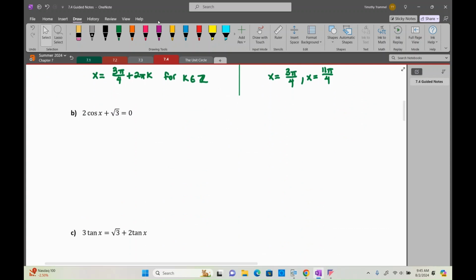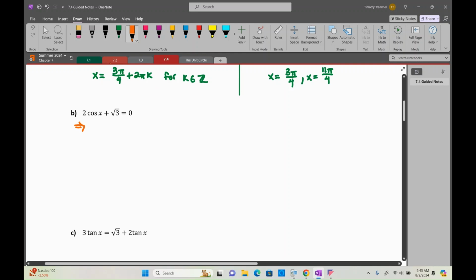So for instance here, I'm going to try to isolate cosine of x. So the first thing I want to do is subtract the square root of 3 on each side. So I have 2 cosine of x is equal to minus root 3. And then I could divide each side of the equation by 2. And so I get minus root 3 over 2.